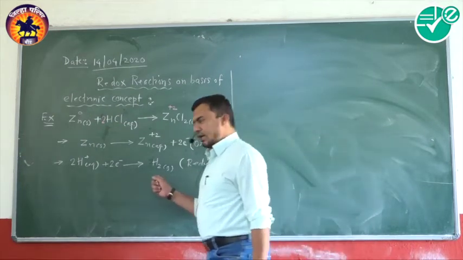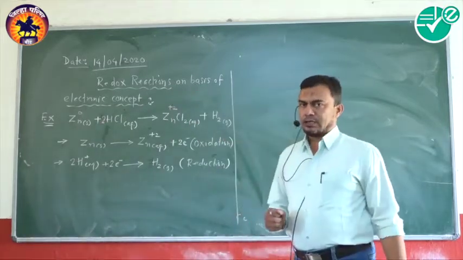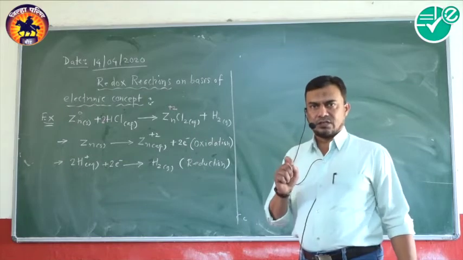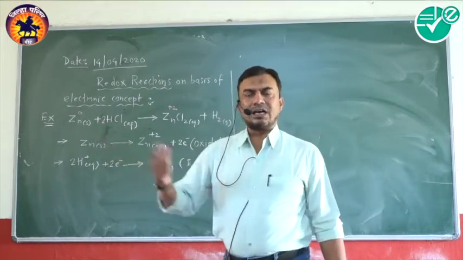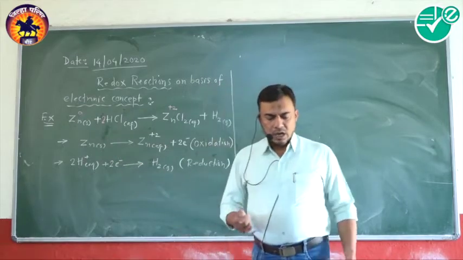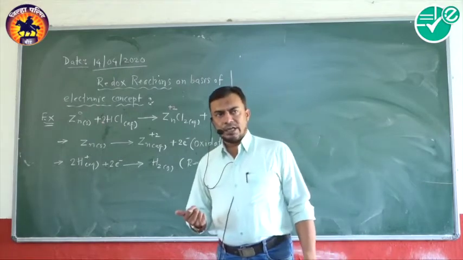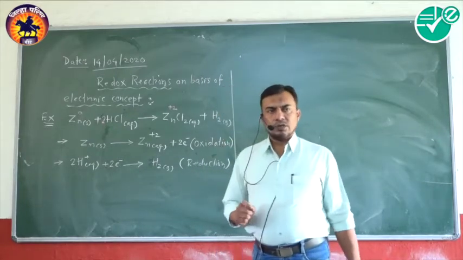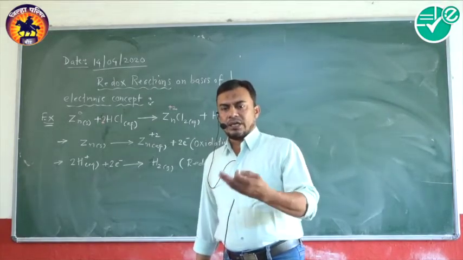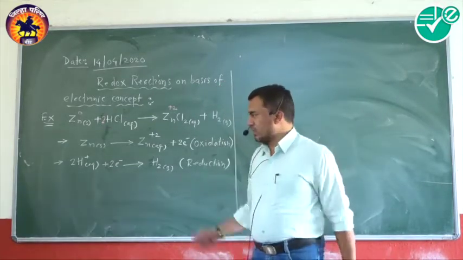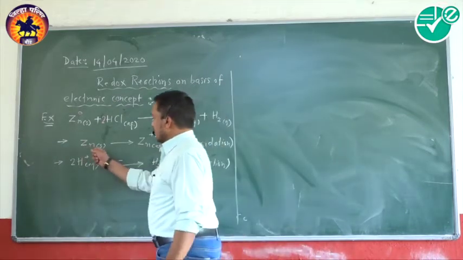We already defined the oxidizing agent and reducing agent: the oxidizing agent is the species which oxidizes the other substance and gets reduced itself, whereas the reducing agent is a species which reduces the other substance and gets oxidized. Here we have to look at the zinc metal.